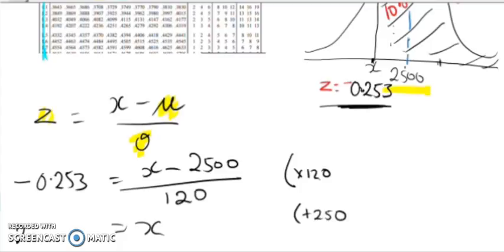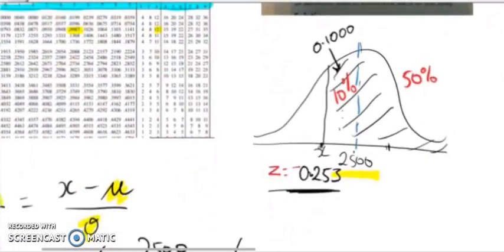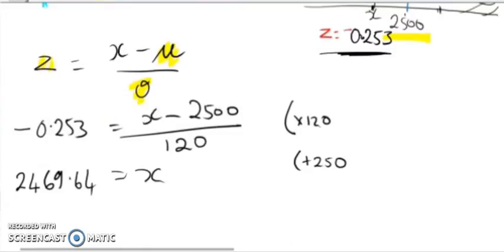Okay, so we're going to multiply all that around, and we're going to be left with, looking at the answer, I have to do a calculation: 2,469 hours, 0.64. So about 2,470 hours. Okay, so we're just manipulating, and the answer to the question, find the average annual number of hours of sunshine that is exceeded 60% of the time, was 2,470 hours.